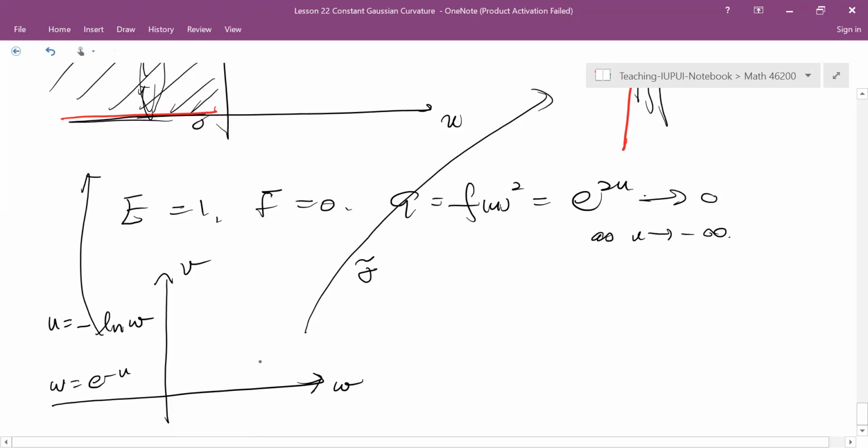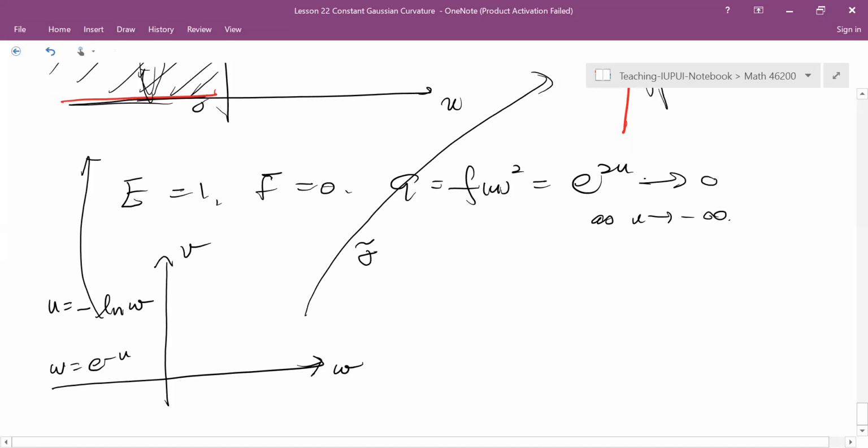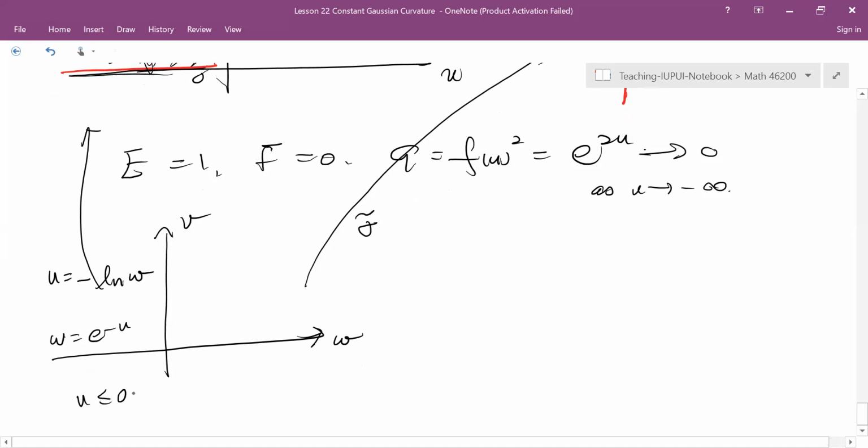When u goes to infinity, let me check. u less than or equal to 0 implies negative u greater than or equal to 0 implies w equals e to the negative u is greater than or equal to 1.